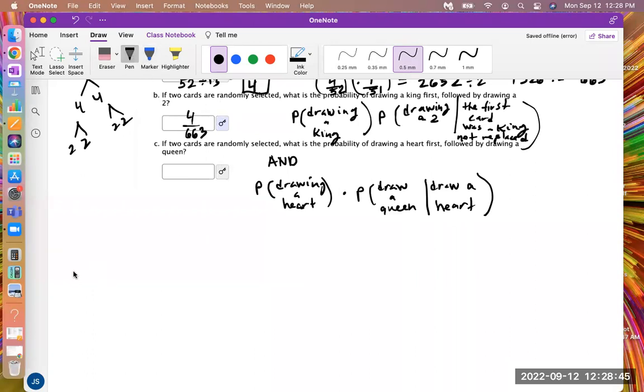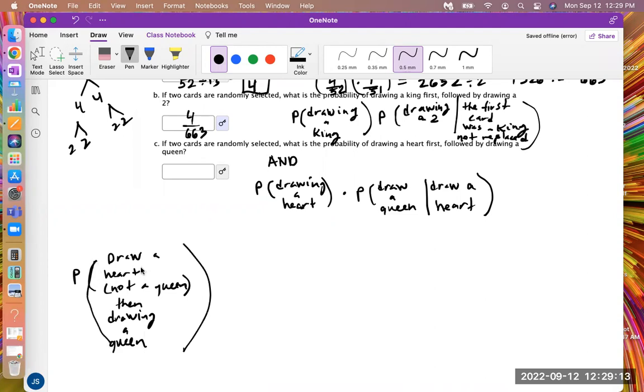Okay, so we want the probability of drawing a heart, not a queen, then drawing a queen. Because this is one of the things that would make us happy, if we drew some kind of heart and then drew a queen.